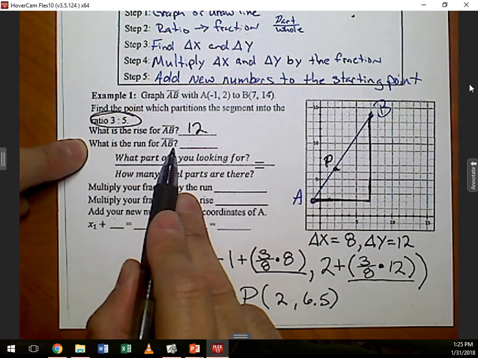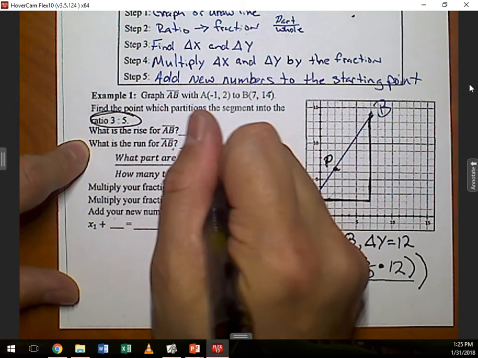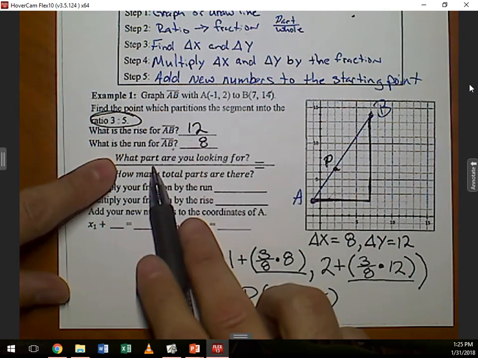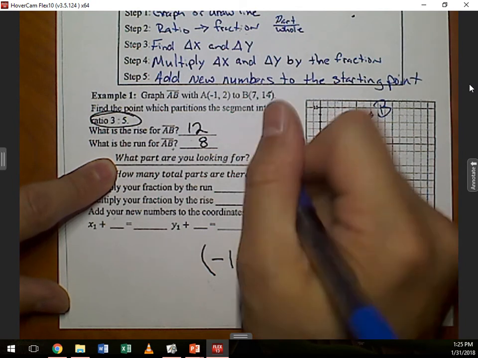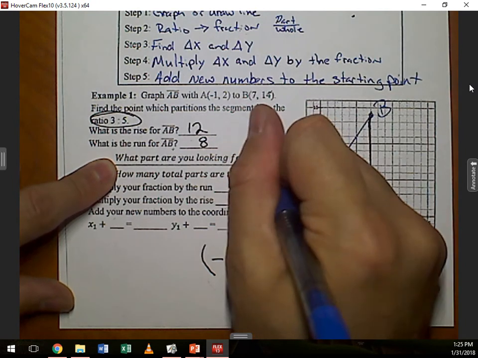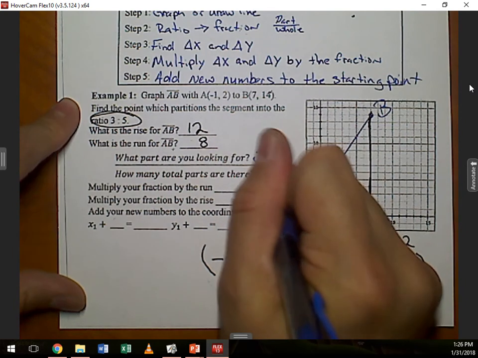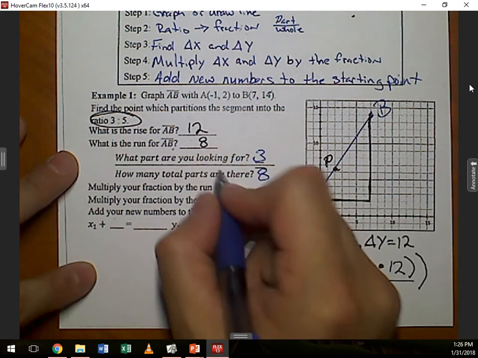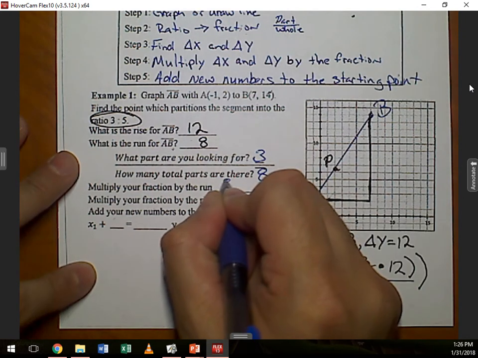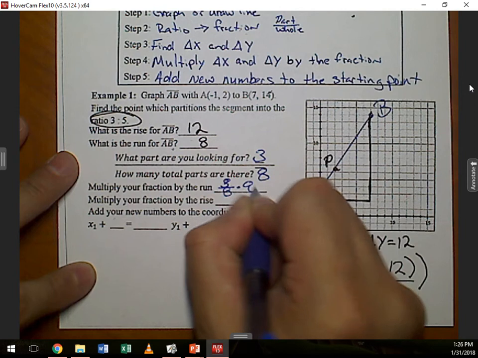Our delta x is my run, so this is 8. The part you're looking for, we said was how much? 3, very good. And what was my total? 8, very good.